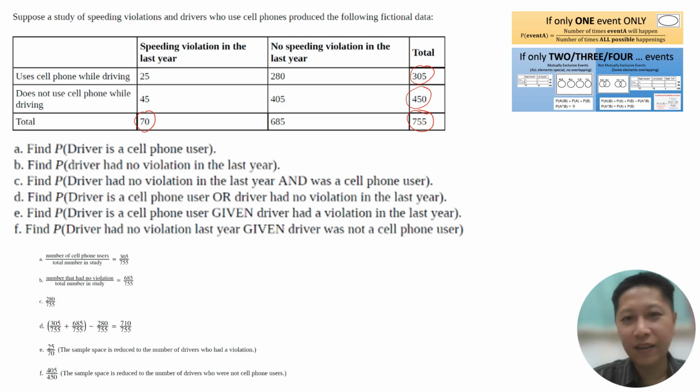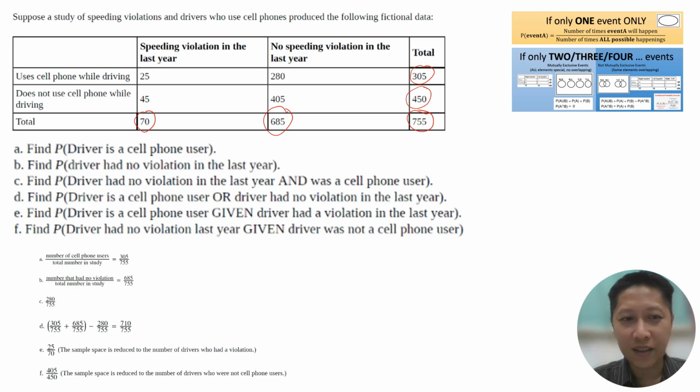We found that from the same 755, there are 70 that were fined. They got the summons because of speeding. 685 are clean, with no summons because of speeding.